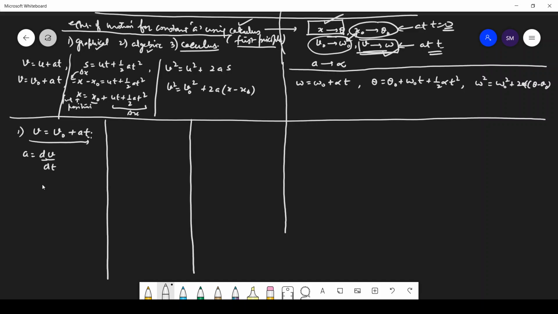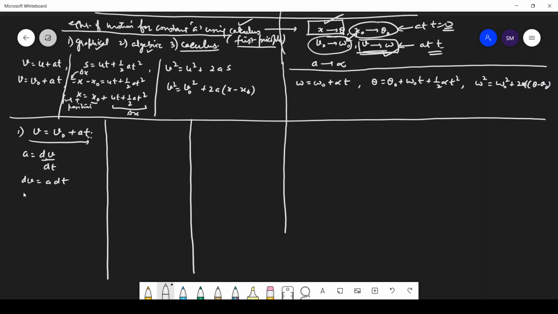Acceleration, meaning instantaneous acceleration, is the rate of change of velocity. Now we can rewrite this as dv is equal to a dt, and now we can integrate both sides.